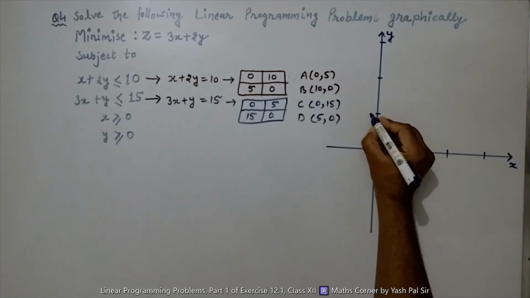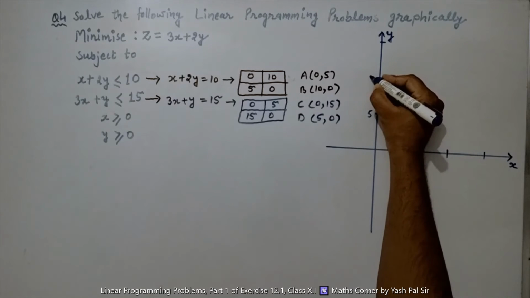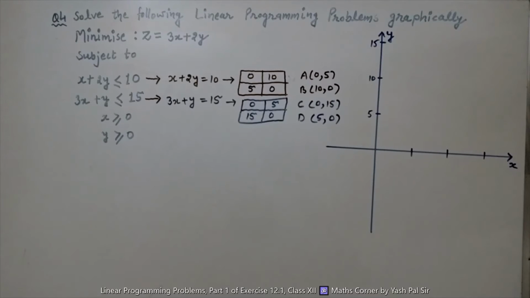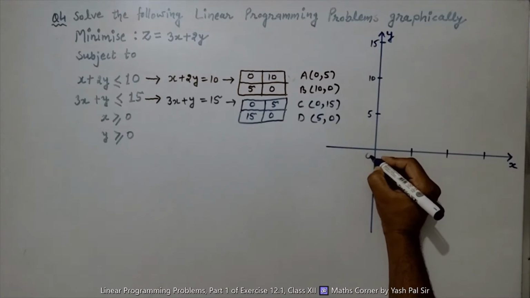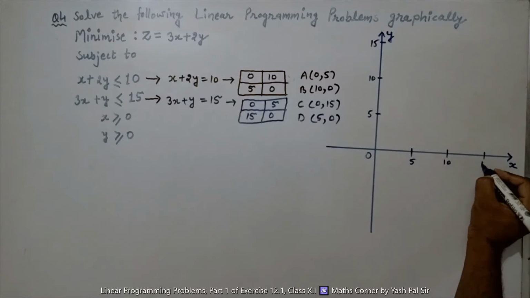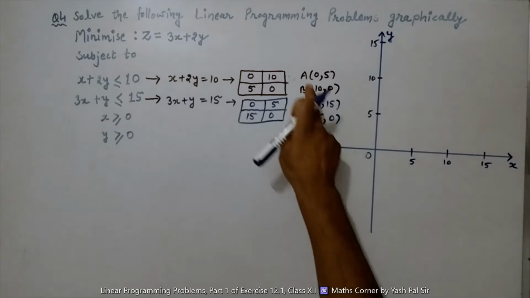According to this table value, y is 5, y is 10, y is 15. This is origin O. x is 5, x is 10, x is 15.